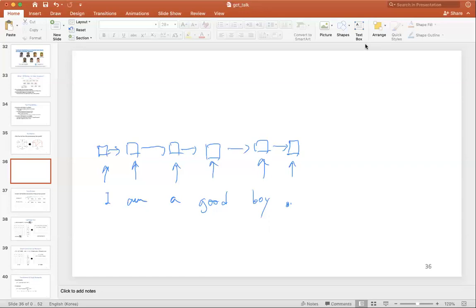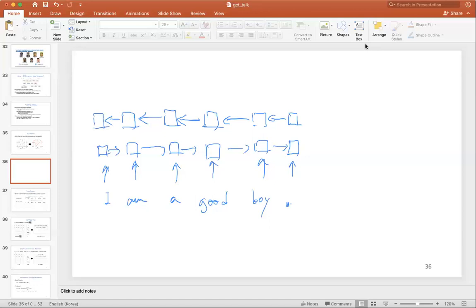Probably the complete treatment of the sequence is to use a bidirectional RNN. So it's a bidirectional RNN.